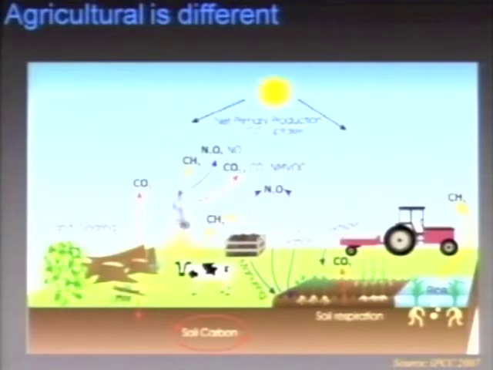Agriculture is an important source of emissions. If you look at the direct agricultural emissions, so primarily methane and nitrous oxide from activities that happen in the field, and also from rice, that's something like 10 to 12% of total global emissions.